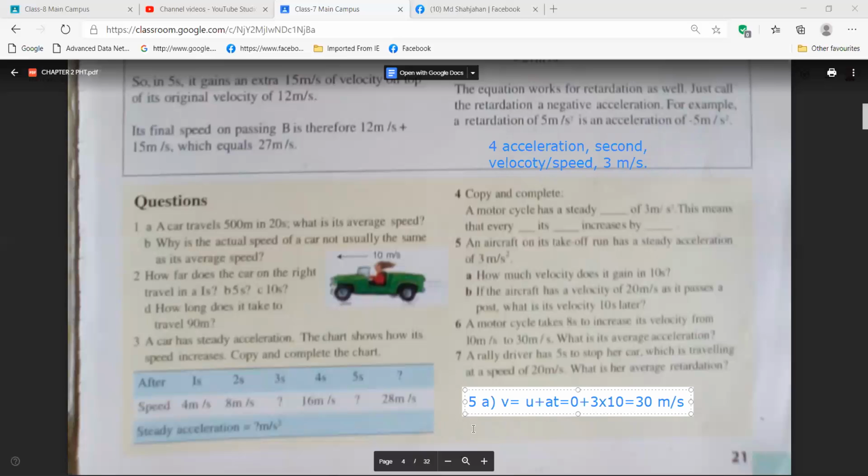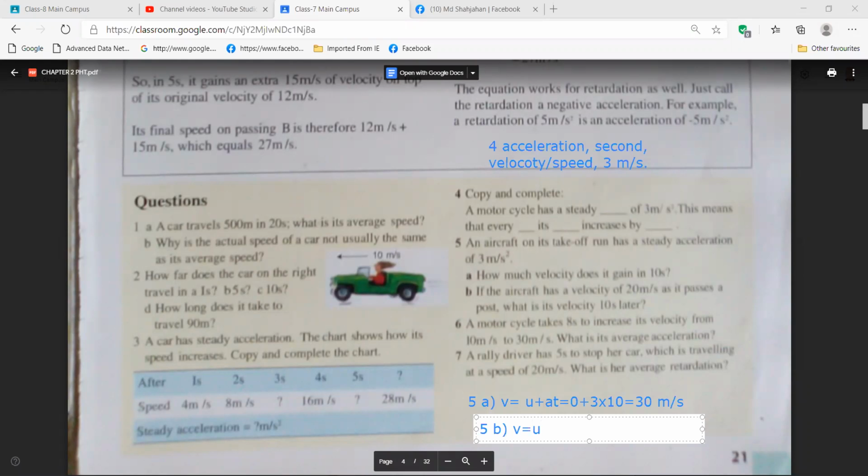Then 5B. How can we do 5B? Sir, V equals U plus AT. So we are going to find the velocity after 10 seconds, right? Initial velocity is here now 20 meter per second. So again V equals U plus AT.